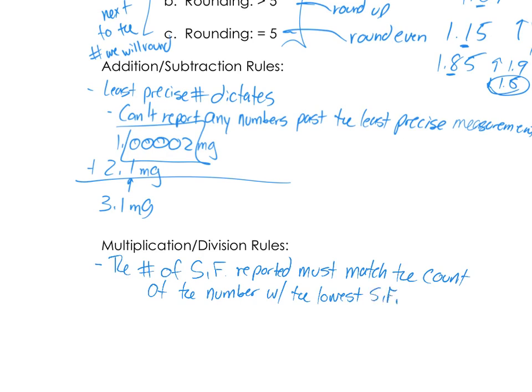So in other words, if I have 3.26 times 1.0, I know it's just going to be 3.26 again. This has 3 sig figs. This has 2 sig figs. My number then becomes 3.3. Why? Because this has 2 sig figs. So you got to be able to count your sig figs. And in the end, you only report the amount of sig figs that matches the one that has the lowest amount.